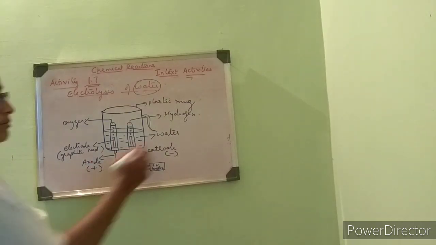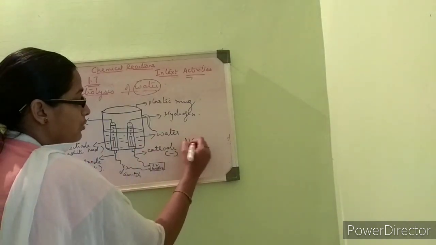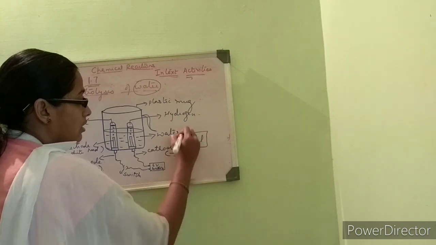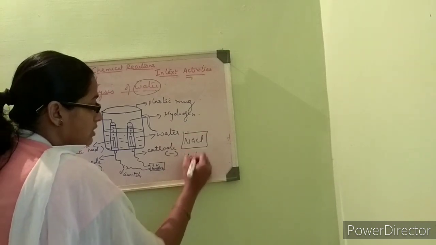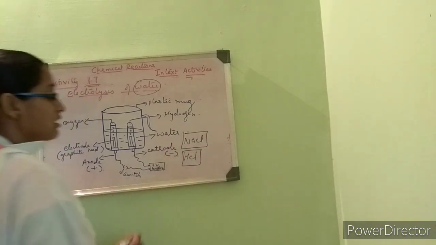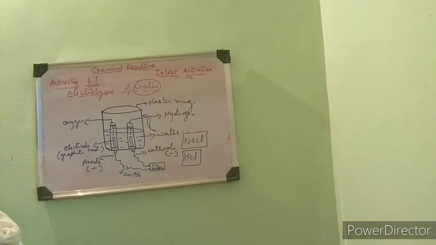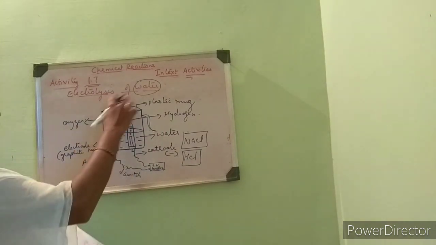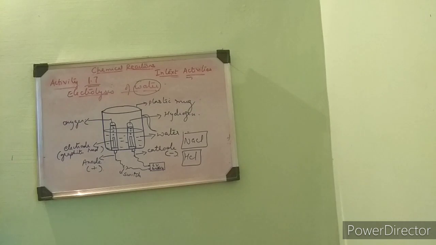you can use solutions like sodium chloride or dilute acids to speed up the reaction. This is all about electrolysis of water.